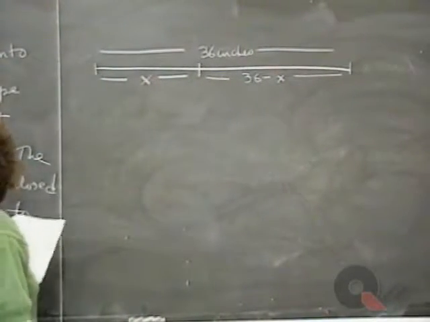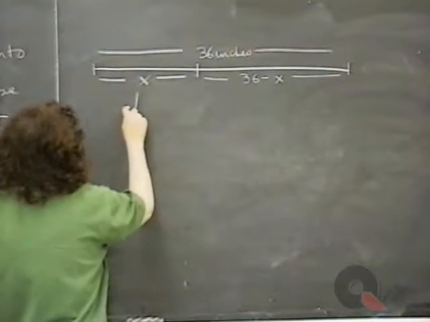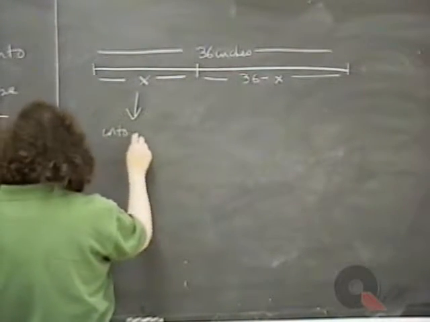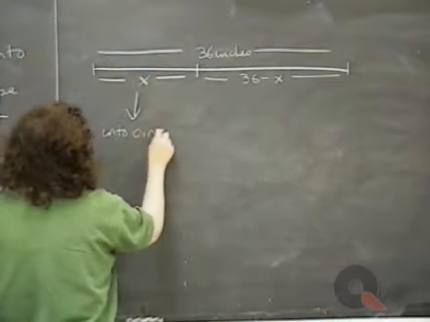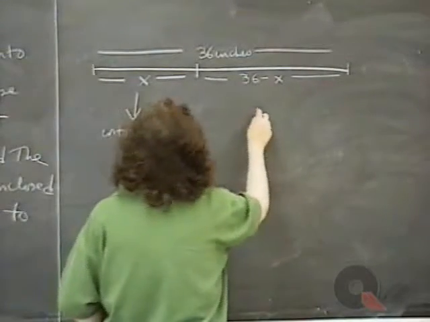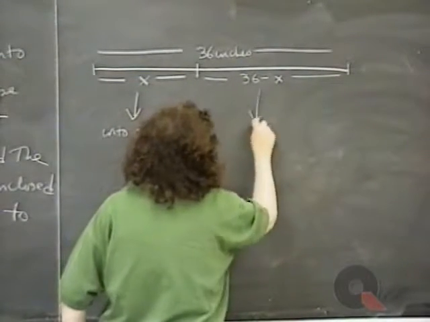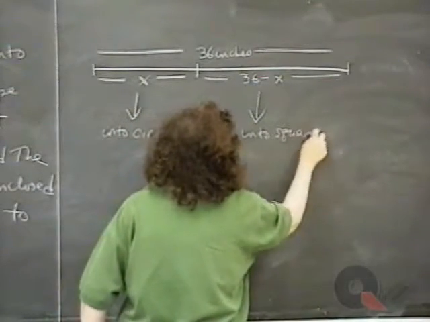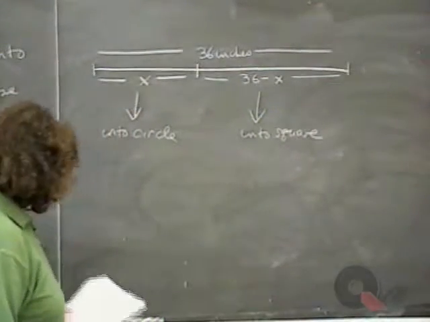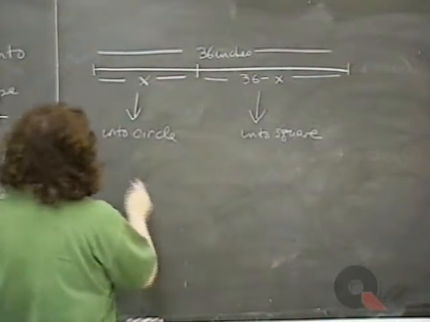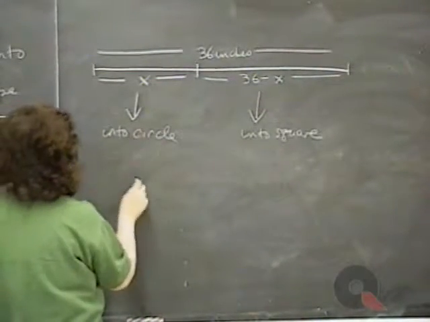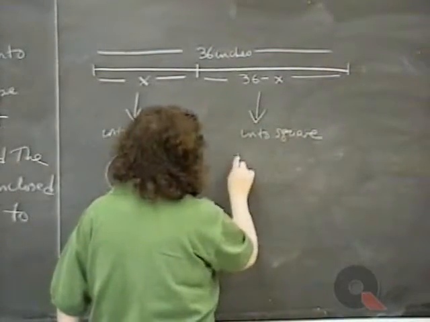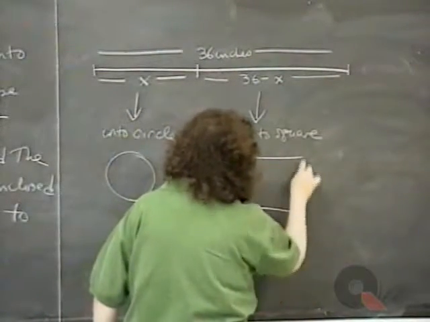I'm going to take the X inches and turn that into a circle, and the 36 minus X inches I'm going to form into a square. So I have X inches for the circle and 36 minus X inches for the square.